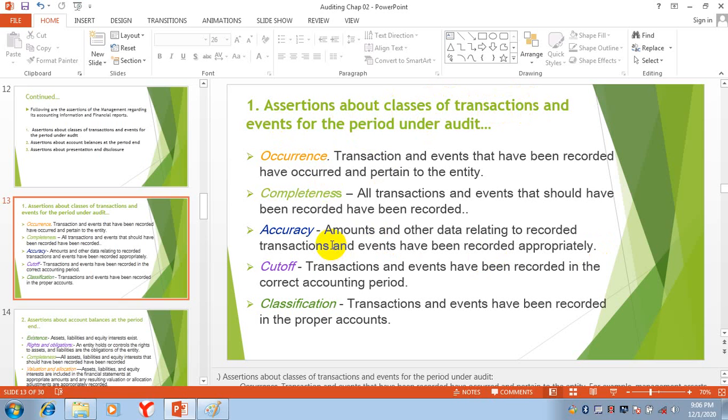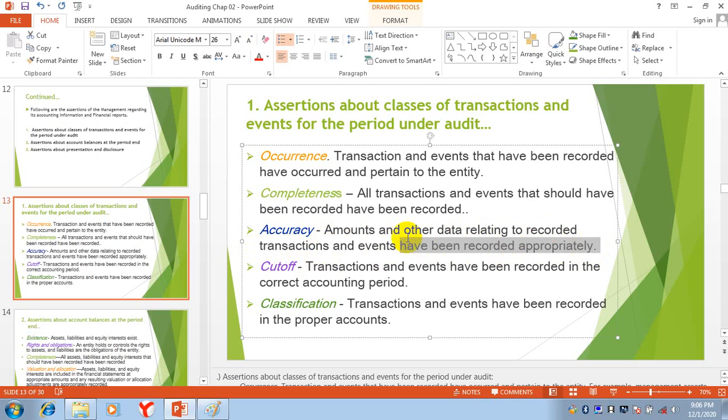Events are basically transactions. So all the transactions that we recorded, the amounts are accurate. We record it appropriately and accurately.